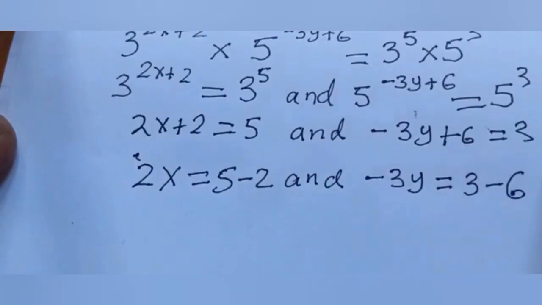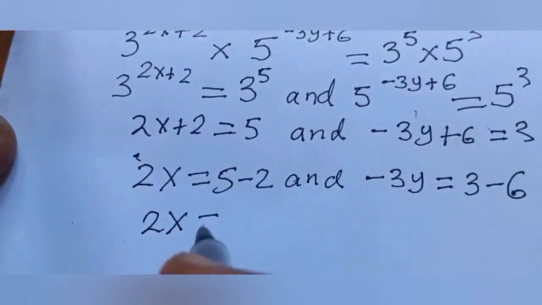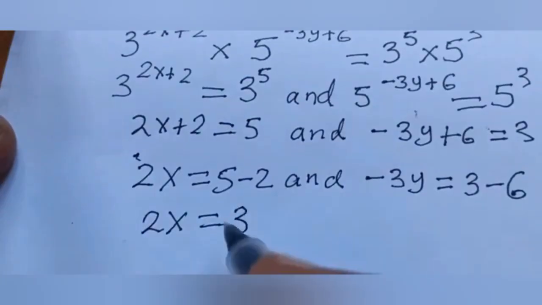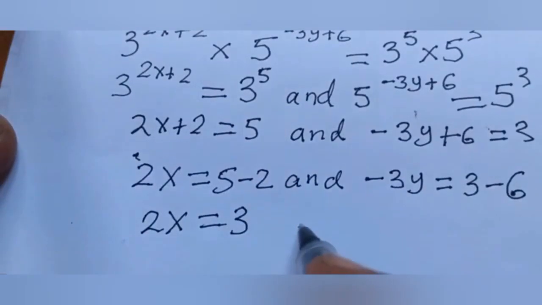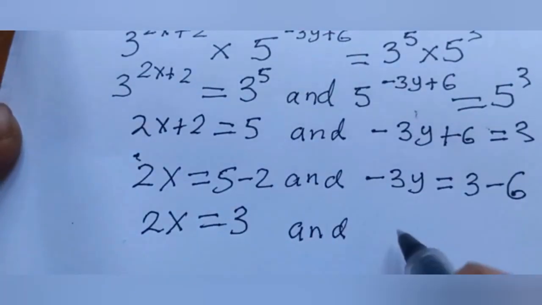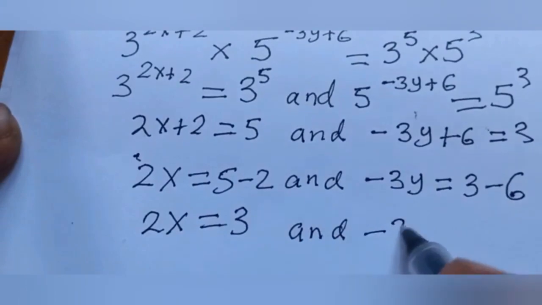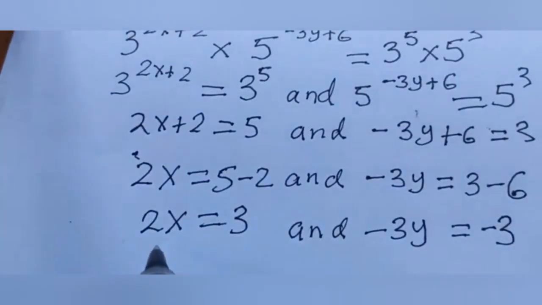Shift 6 to that side to acquire a negative sign. So we have 2x equals 3, because 5 minus 2, the answer is 3, and negative 3y equals negative 3. Now to get x here, divide by 2 both sides.